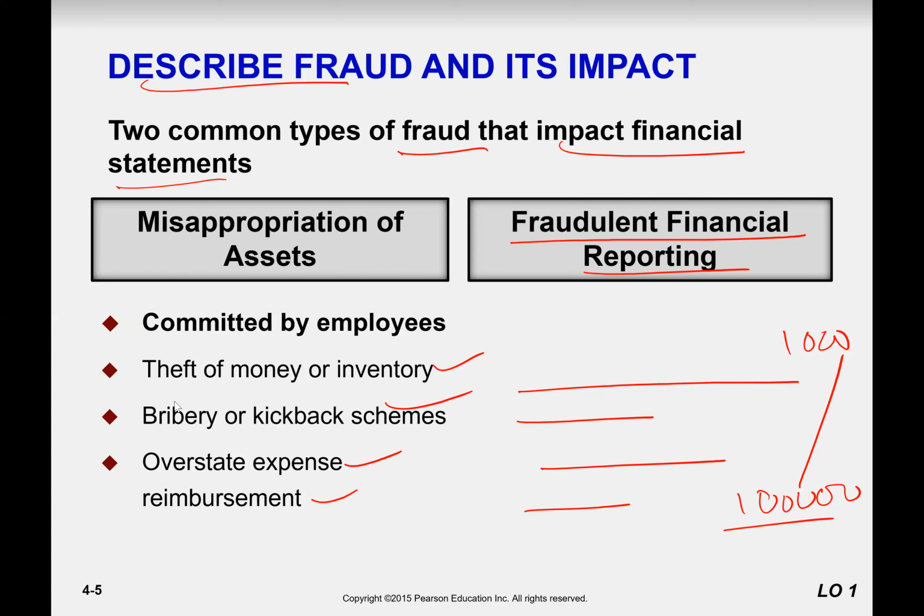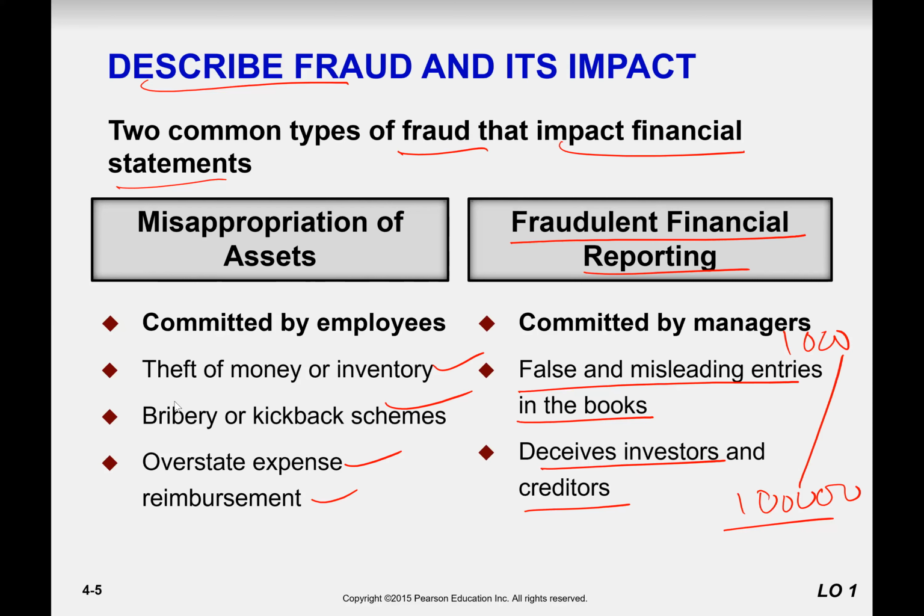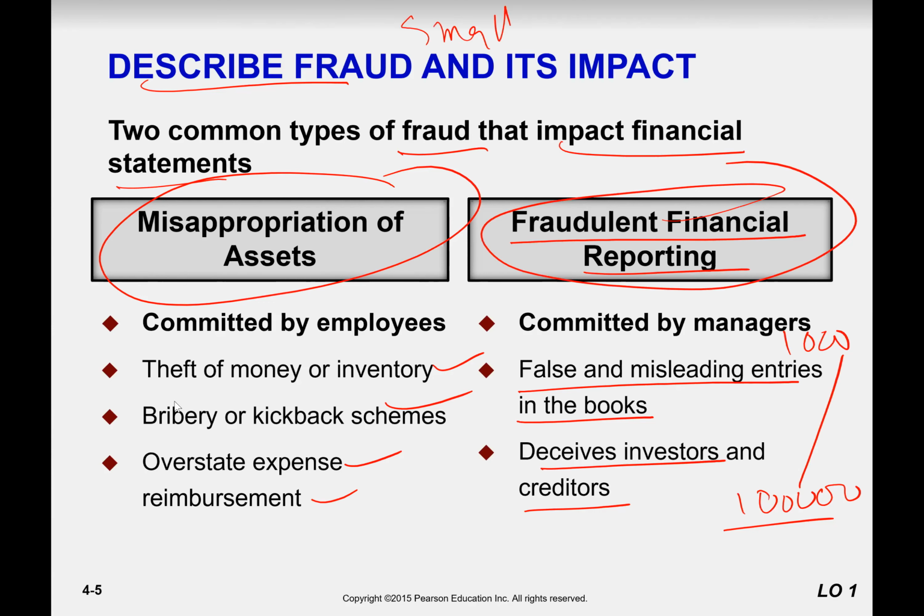So let's talk about that. Misappropriation of the assets, their magnitude is small as compared to the magnitude of fraudulent financial reporting. Because you still have an invoice. In theft of money, most of the money is not in the company's vault, it's in the bank, right?